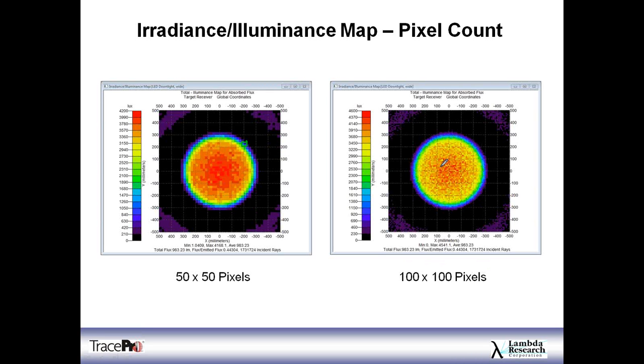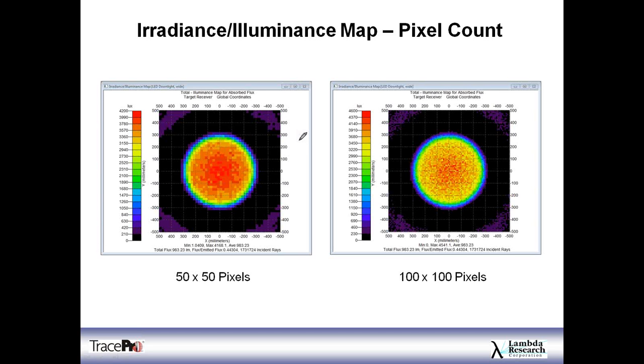We'll see more detail on the map, but the map's also a little noisier. So as you increase the number of pixels, you're going to want to trace more rays to get a smoother, less noisy image. Each one of these pixels basically collects rays or collects flux and then reports at the end of the ray trace how much flux has hit each pixel.